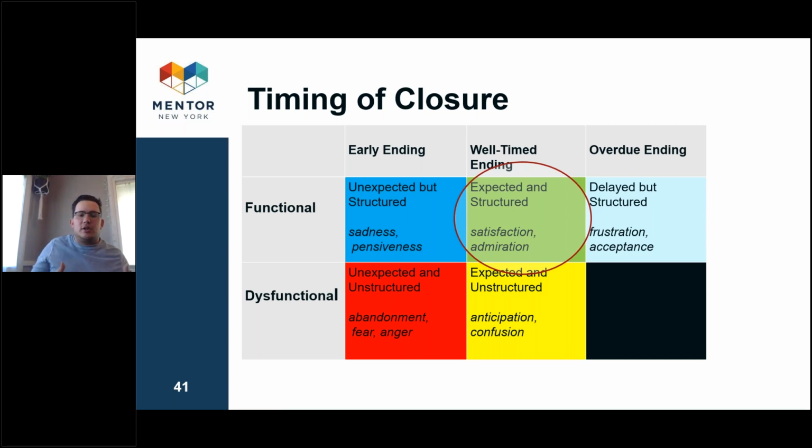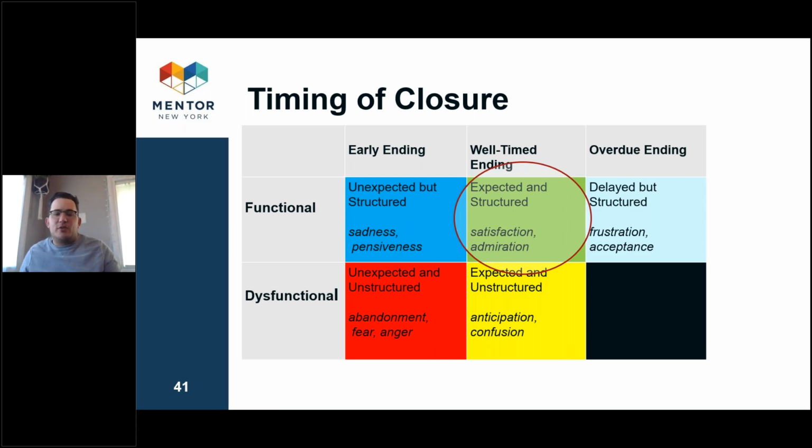And we're still going to have some sadness or pensiveness. It's not going to be a joyful experience, but it can be functional and supportive. When we get into that dysfunctional phase, that's when something's unexpected and unstructured, right? So that's when you see abandonment, fear, anger, those types of emotions really come to the surface.